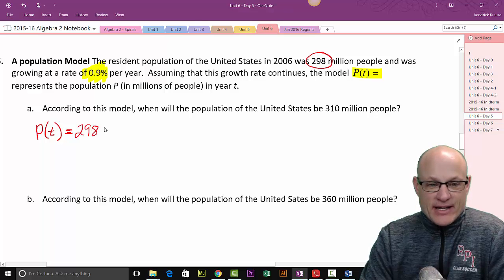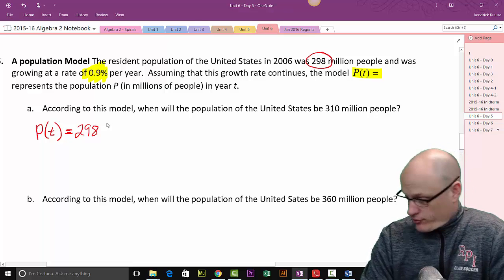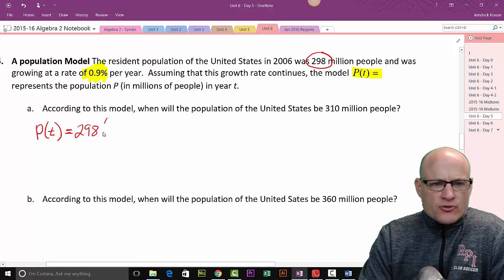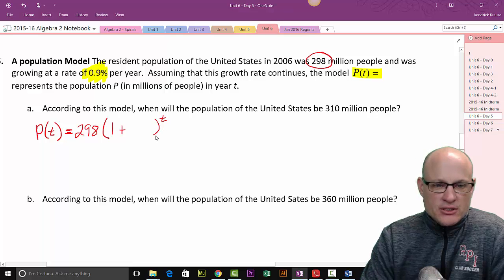Now we're going to use just 298, not 000, 000, 000. That'd be kind of silly, right? So we're going to grow at 0.9% per year. So 1 plus, I'm going to come back to that interest rate that we're going to add there, to the T, right? To the number of years. So 9%.